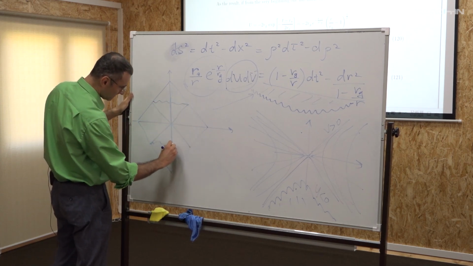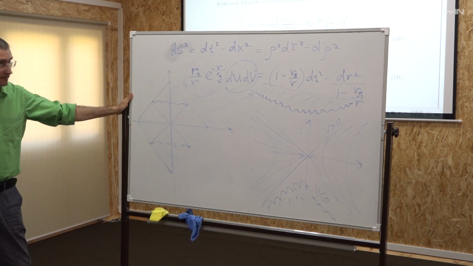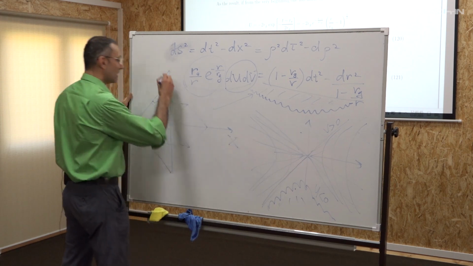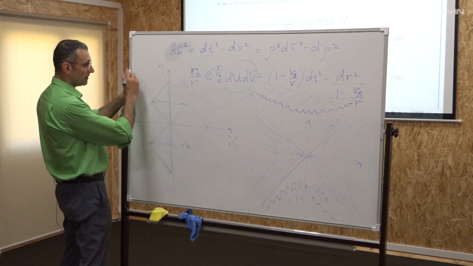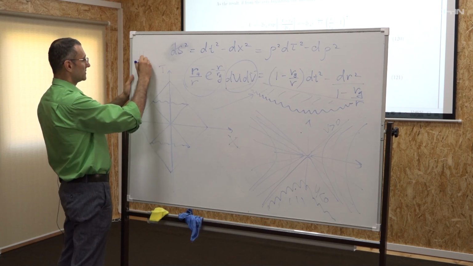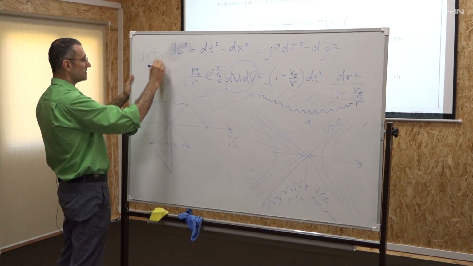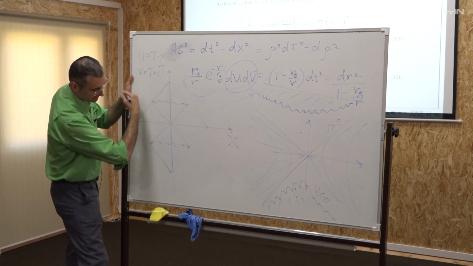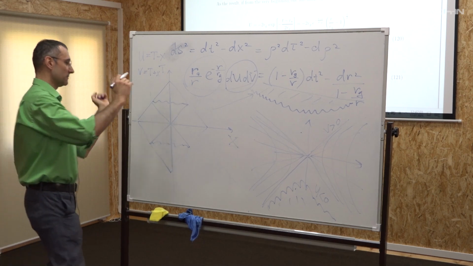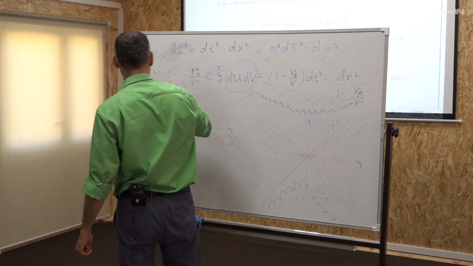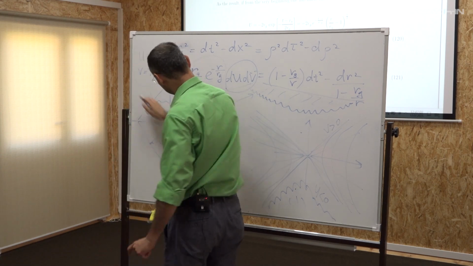This is X, big X, and big T. Meanwhile, U and V are just linear combinations. U is T minus X, V is T plus X. So they are directed like this and like this. U and V coordinates are like this and like this.